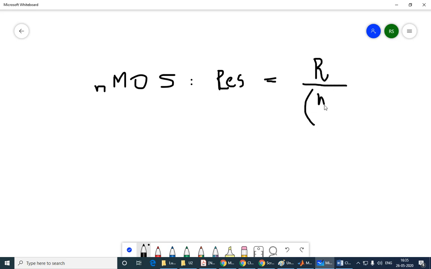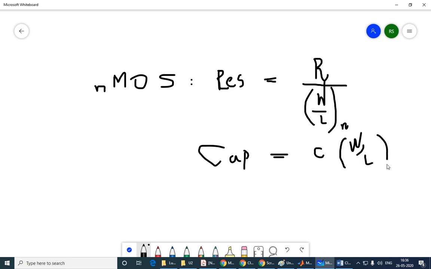For an NMOS transistor, the resistance is equal to R divided by the W by L of the NMOS transistor, and similarly the capacitance is equal to C multiplied by the W by L. And these are the definitions.